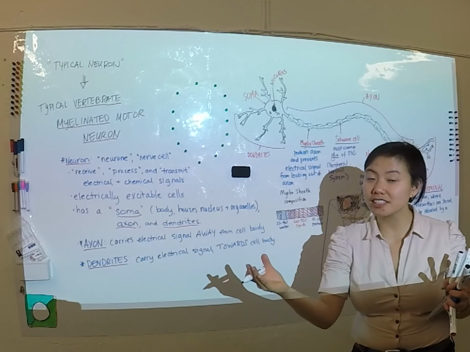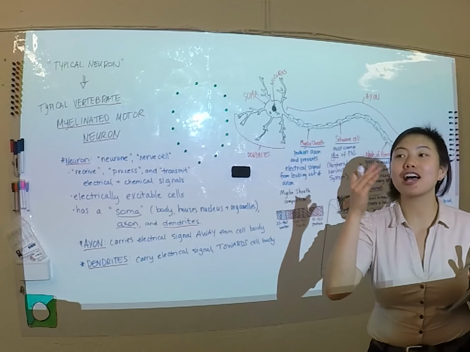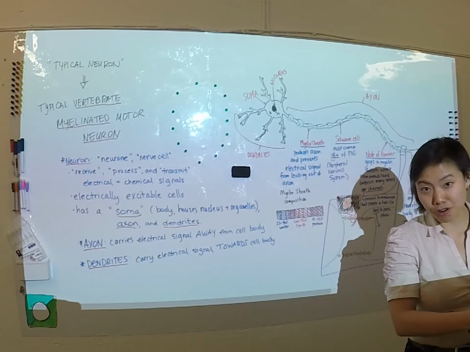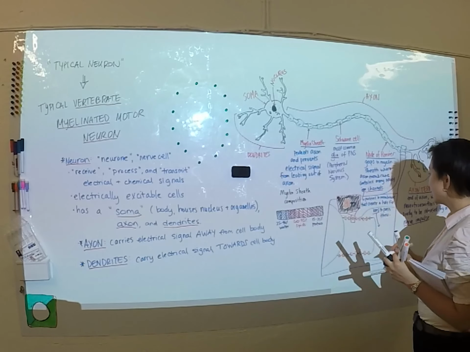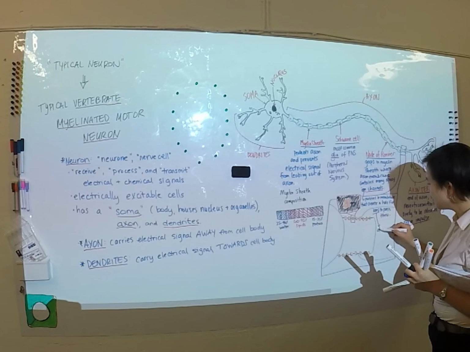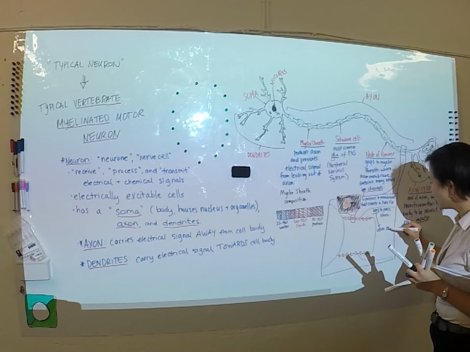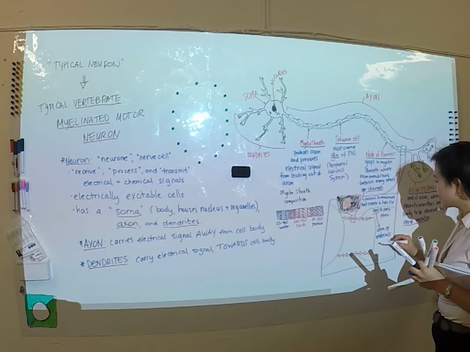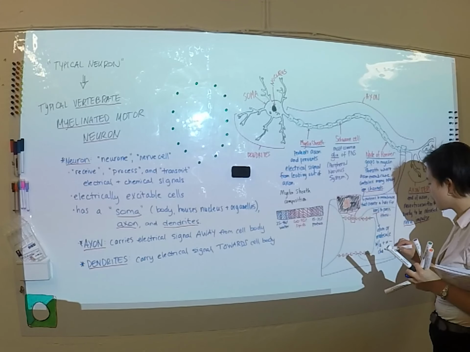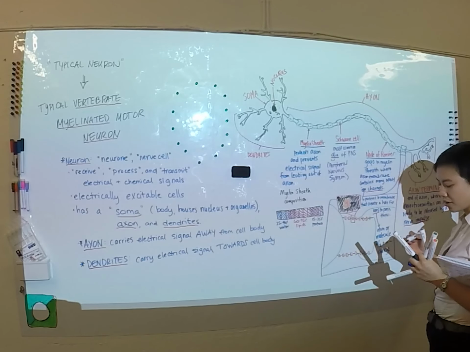So it's either positive or negative, because it either has more protons if it's positive, or more electrons if it's negative. So an ion is an atom or molecule that carries a positive or negative charge.